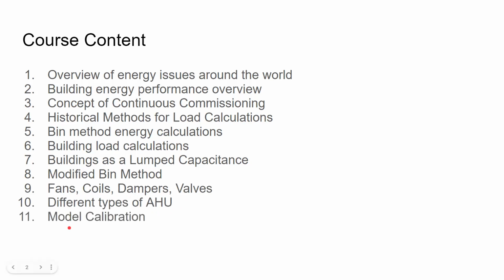Then we will go through a specific example of how we can use all the above concepts of building load calculations, modified bin method, and different types of AHU combined and make a simulation spreadsheet, which will help us calculate the heating and cooling energy consumption in our buildings.